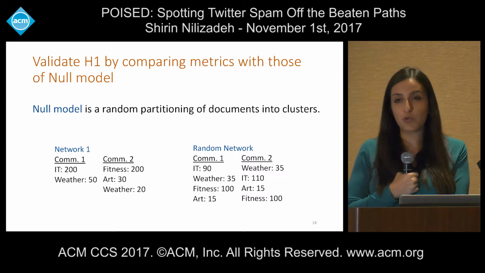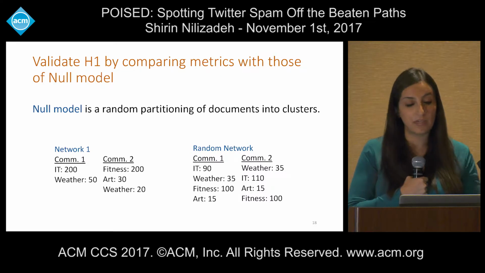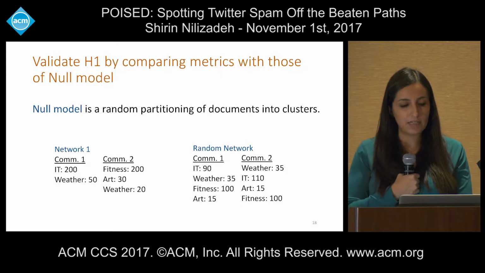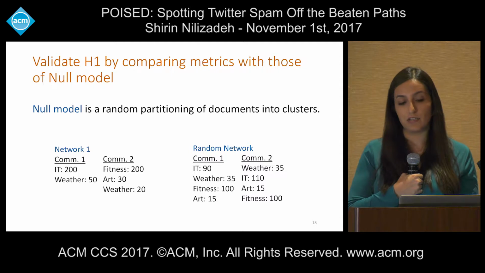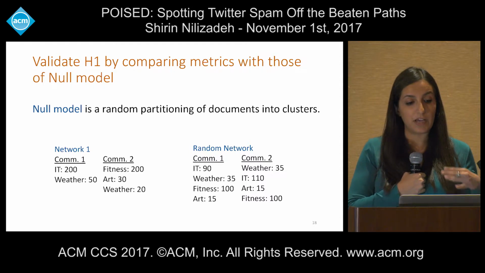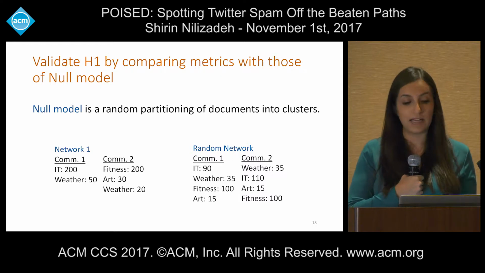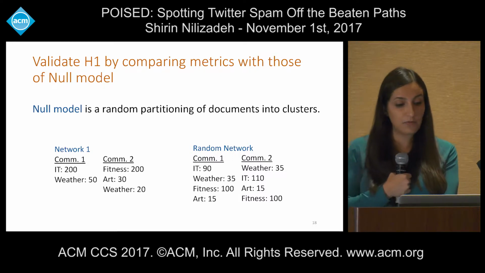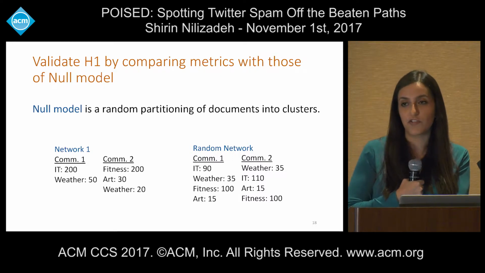And to have a baseline and compare if actually in social networks we are having communities of interest, we constructed a null model, which is a random network in which the documents are partitioned randomly. For example, we have this network. This is a real network.